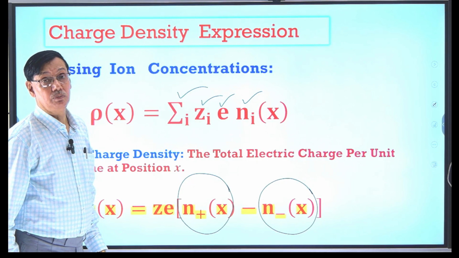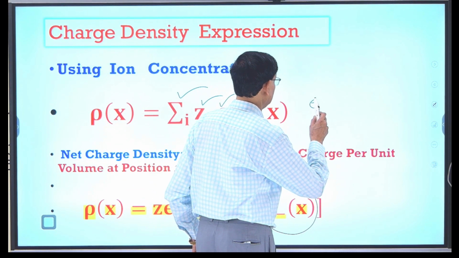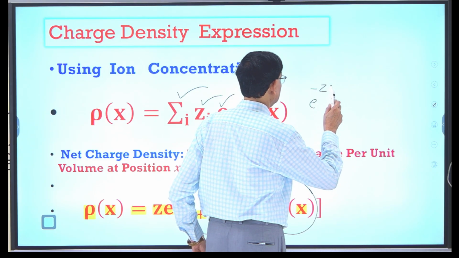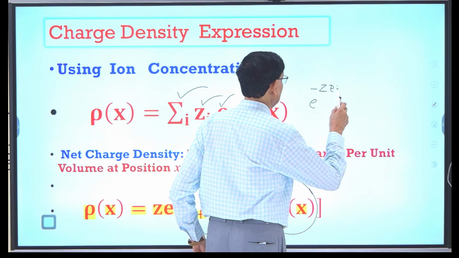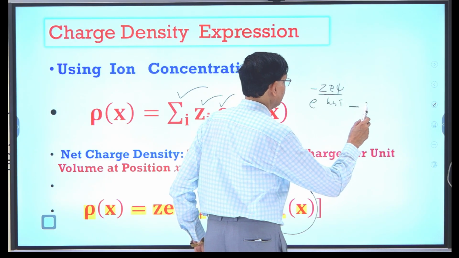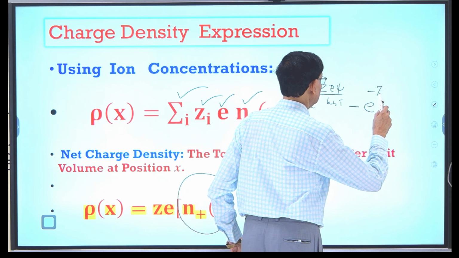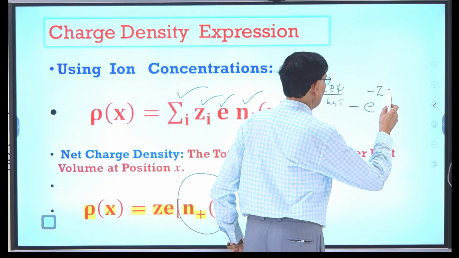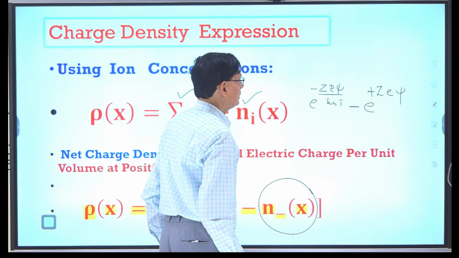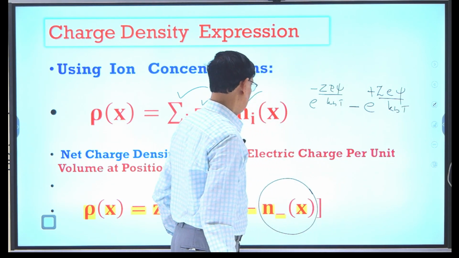Now there is a question of trigonometry, because when I use this, I can write it like that: exponential minus Z e psi by kBT minus exponential plus Z e psi by kBT, like that.